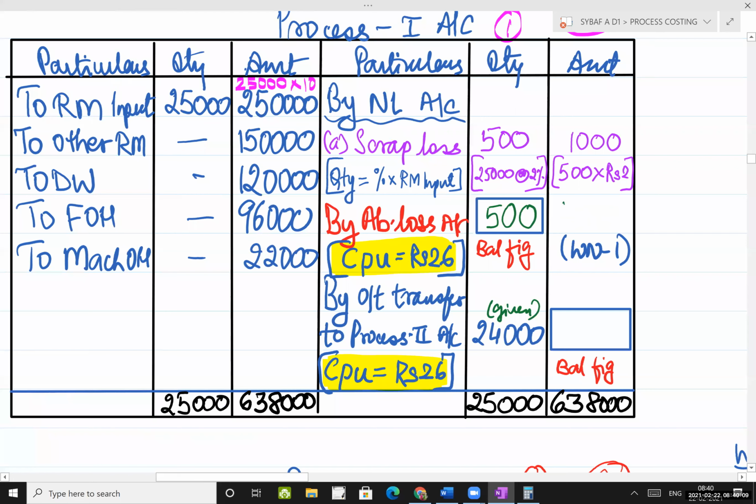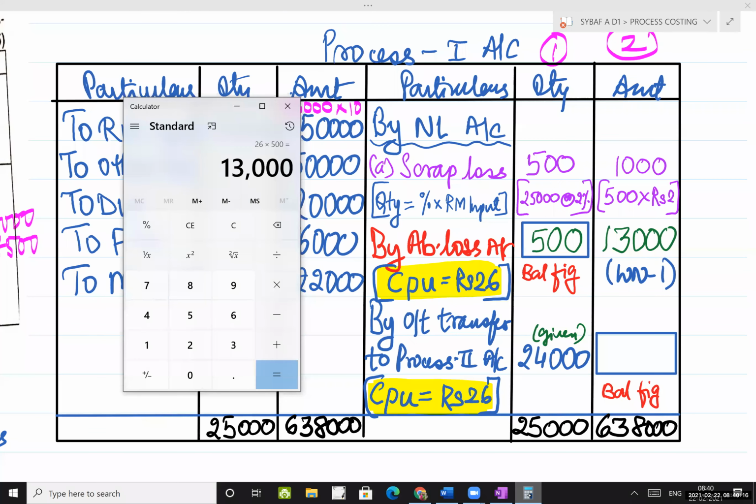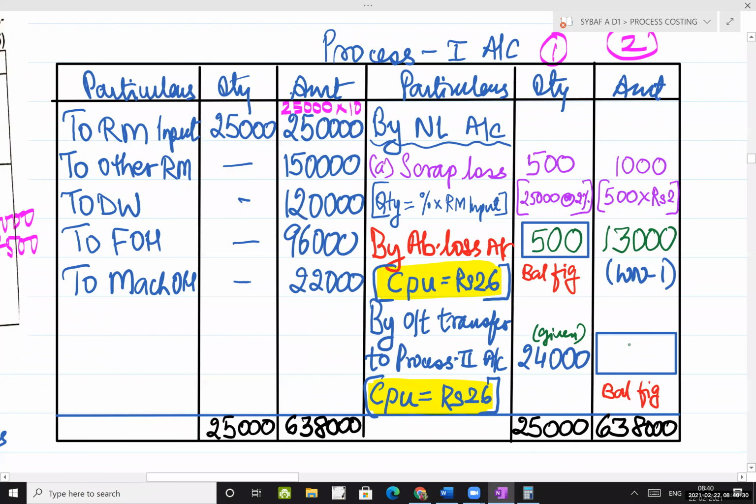Okay. Then close the amount column. So 6,38,000 is the total, minus 1,000, minus 13,000, 6,24,000.